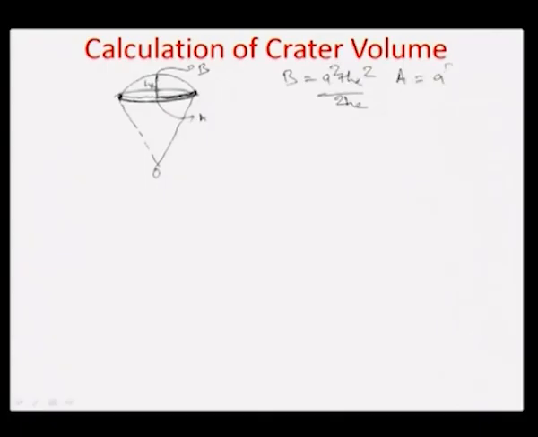A is defined as (a square minus Hc square) by twice Hc. So then it becomes a very, very simple problem.